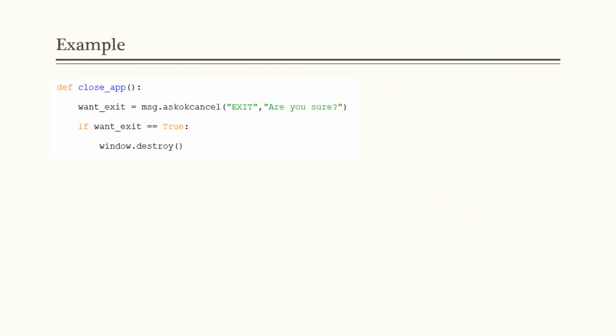So here's the close app procedure. I've asked them, are they sure they want to quit? Saved that result as a variable called want exit. And then if want exit is storing the value true, then and only then will I destroy that window. In other words, close the app.